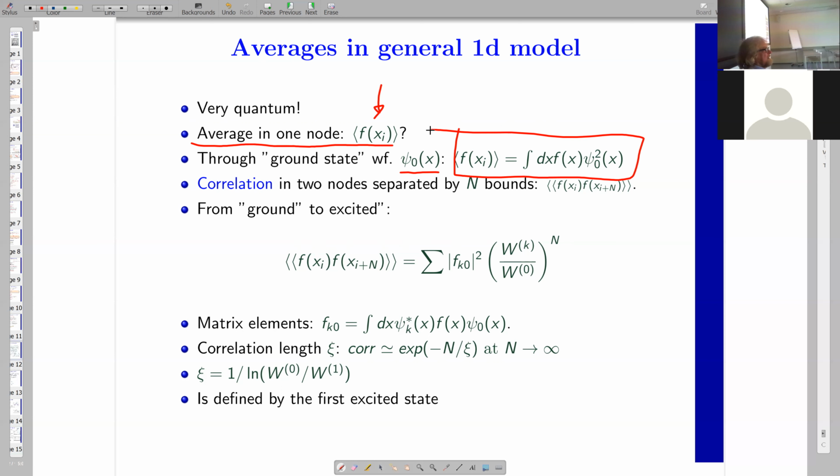Look, surely you have seen this formula in your quantum book. It involves the square of the corresponding wave function and an operator.